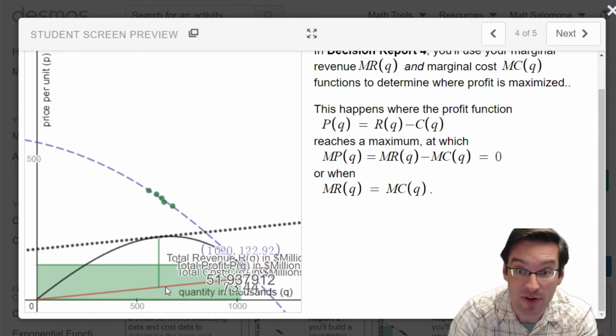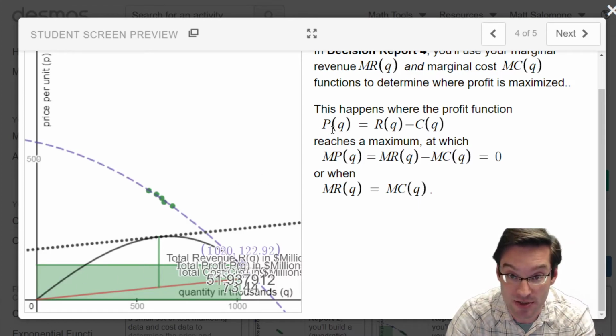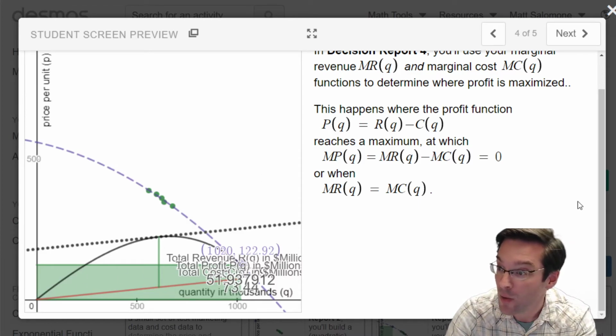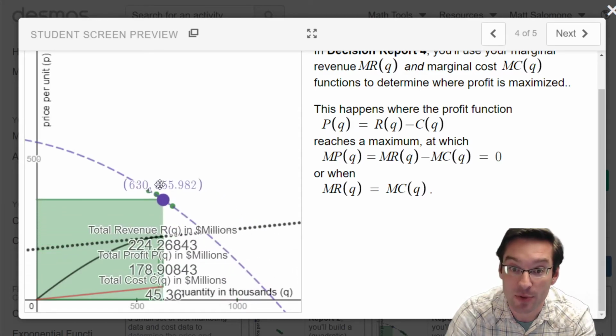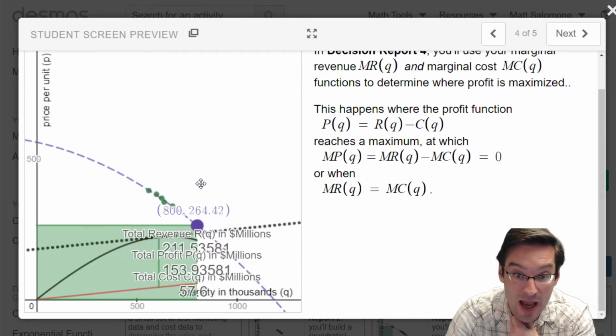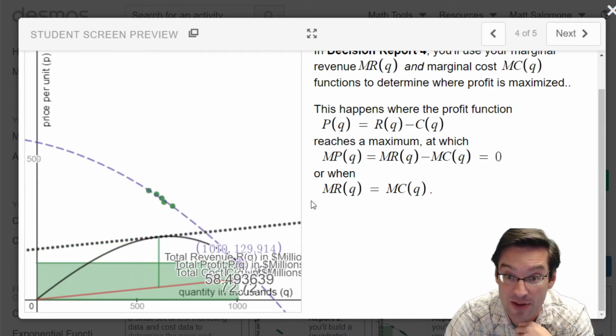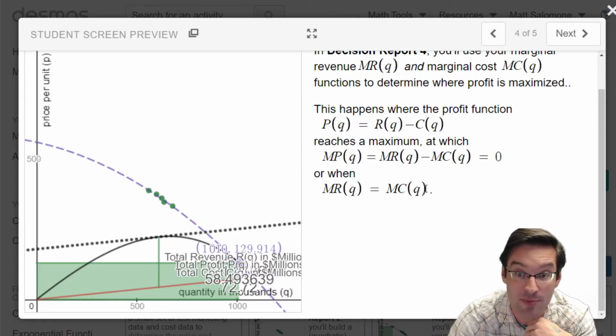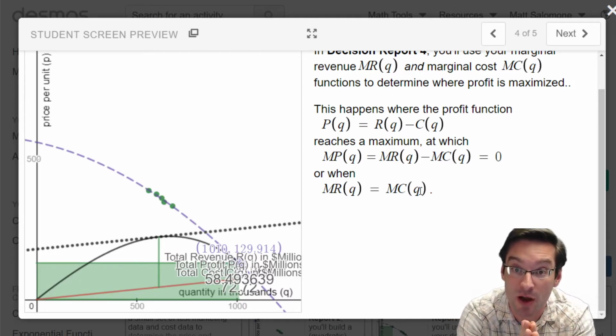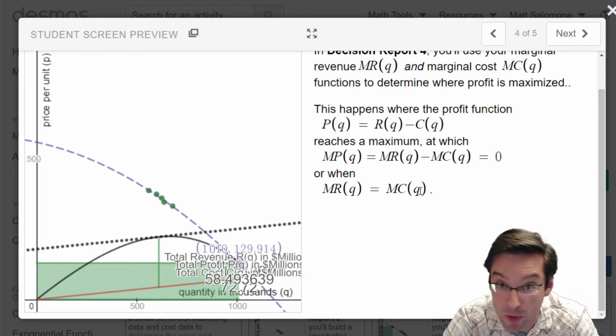And so if I want to know where the derivative of my profit function is 0, I'm really asking, where are the derivatives of my revenue and cost functions equal to each other? So when you see optimization for profit in your other management science textbooks, it usually appears like this. We're going to maximize profit where the marginal revenue and the marginal cost are equal to one another.